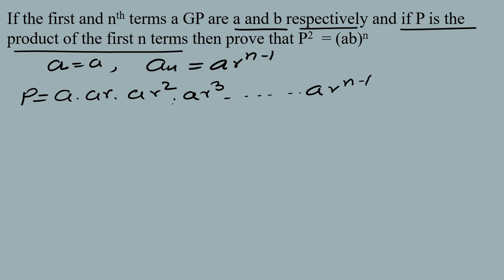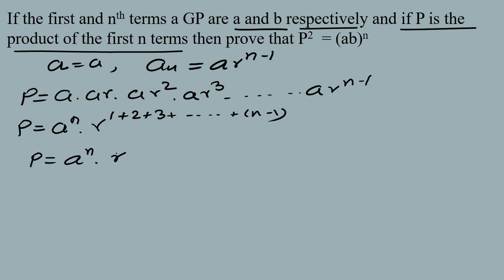Okay, we'll have to simplify this a little and then we can solve it further. So p is equal to, you see, a is multiplied how many times? N times. So if it is multiplied n times, it will be a to the power n. Now all powers of r will be added. So 1 plus 2 plus 3 and so on up to n minus 1. So p is equal to a to the power n times r to the power.